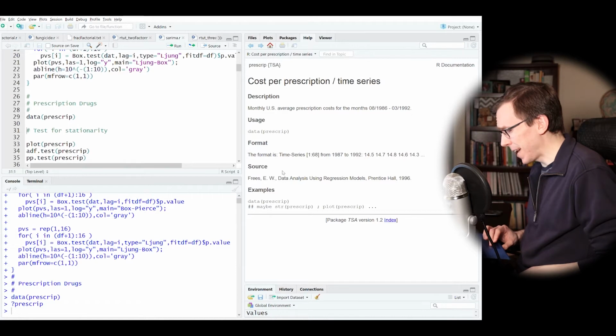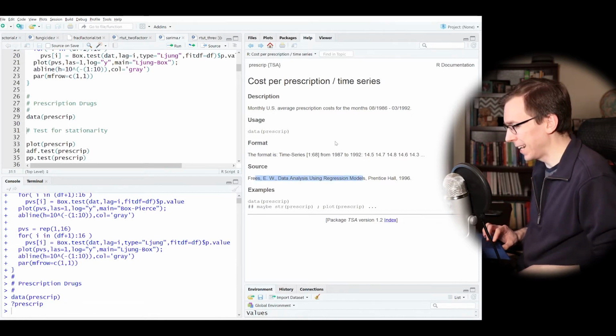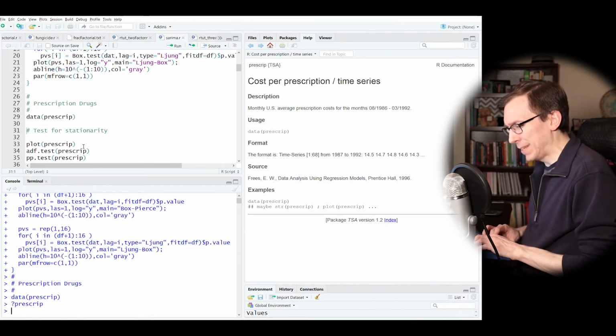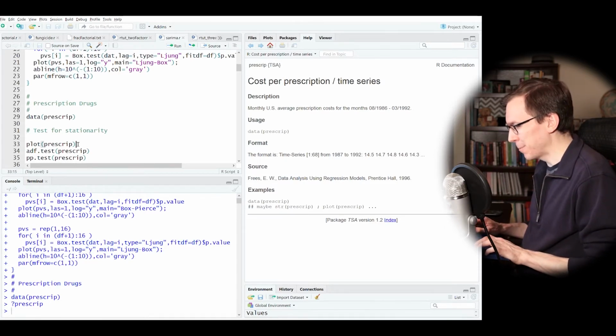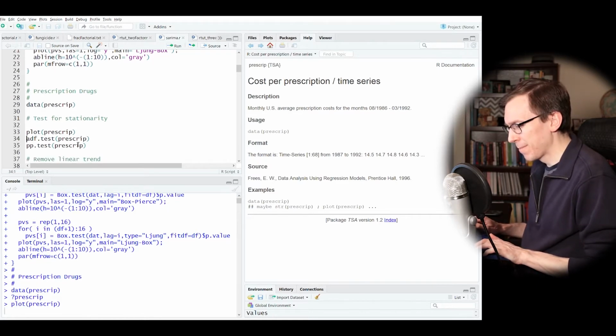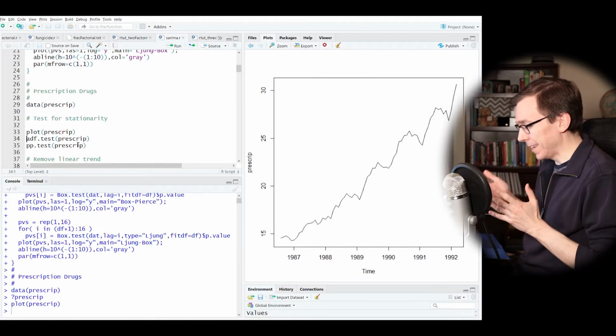Again, I don't actually know what the units are because I didn't dig into this textbook to find it, and the R package is quite nondescript, but that's okay. We have some unit, presumably per capita or something, spending, and it looks like this.